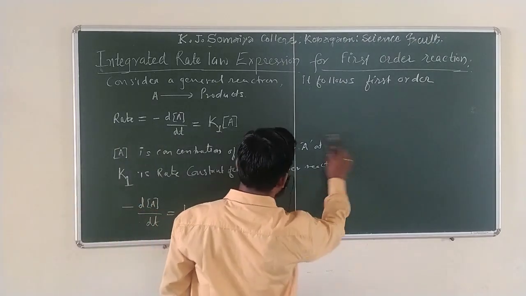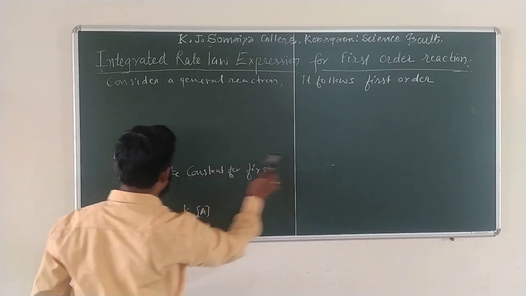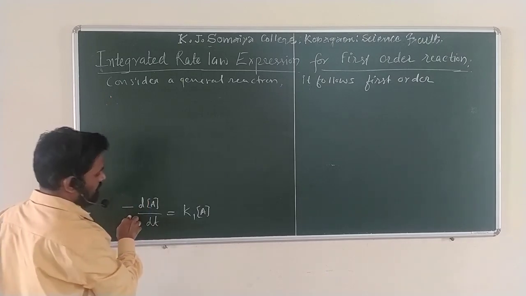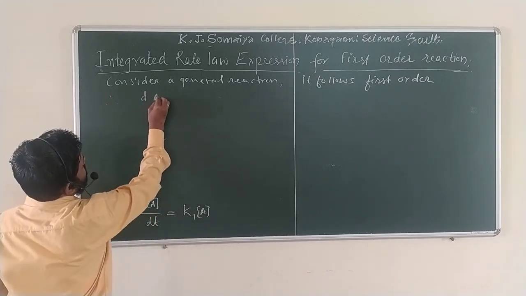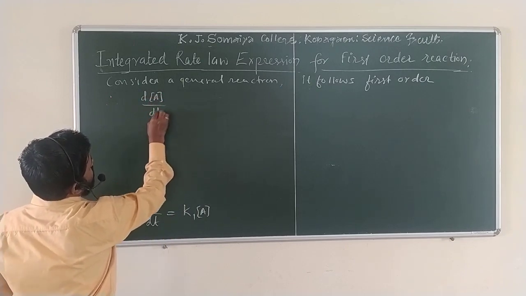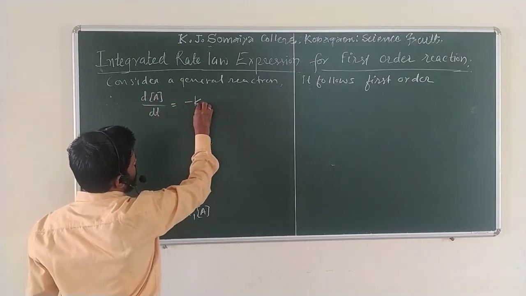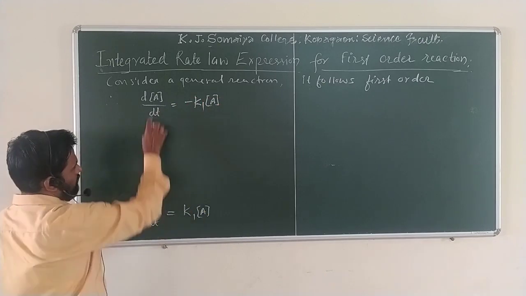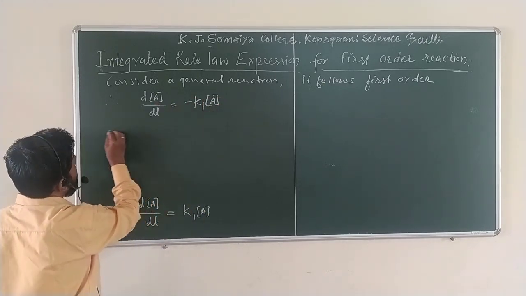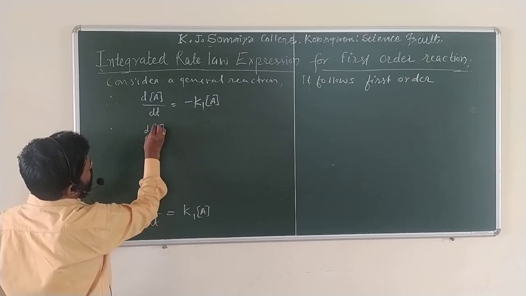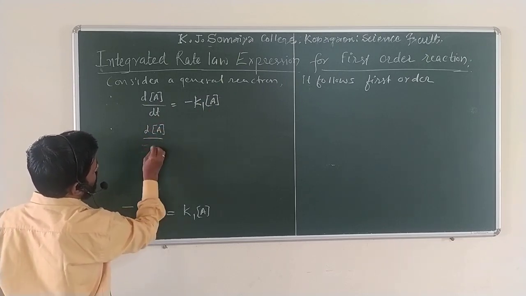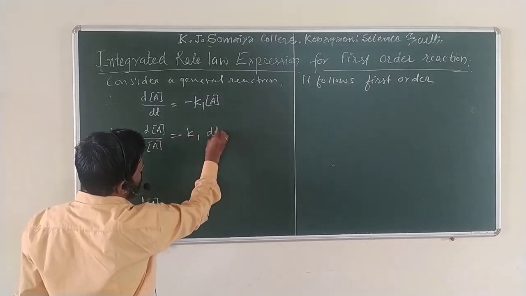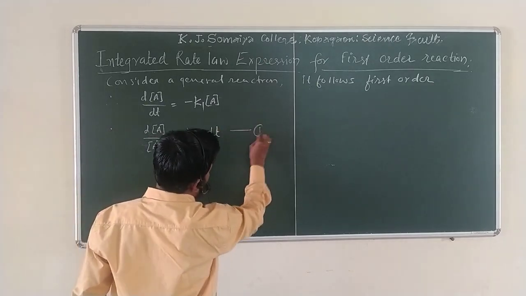Therefore, the negative sign is taken to the right hand side: dA upon dt is equal to minus K1 times the concentration of A. Now it can be rearranged and integrated with respect to concentration: dA upon the concentration of A is equal to minus K1 dt. This is equation number 1.